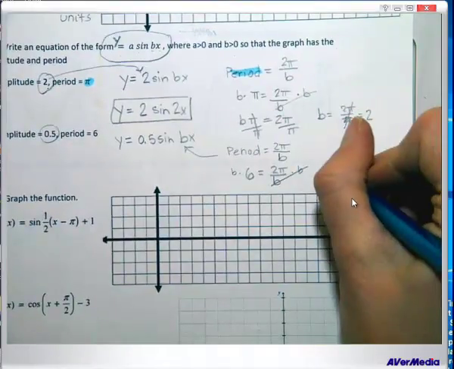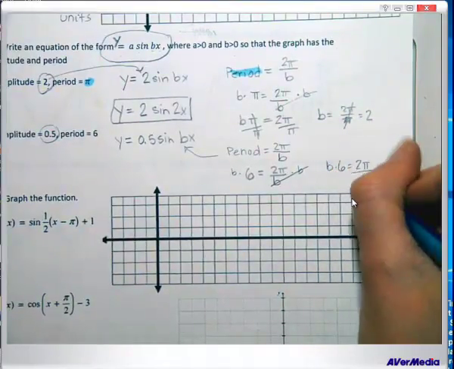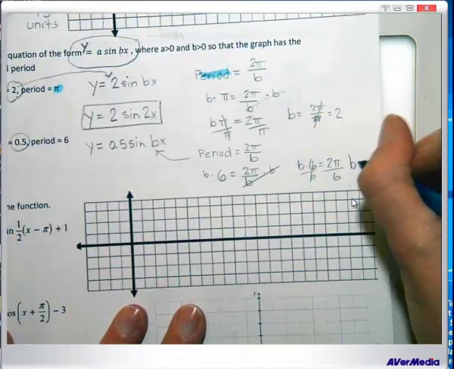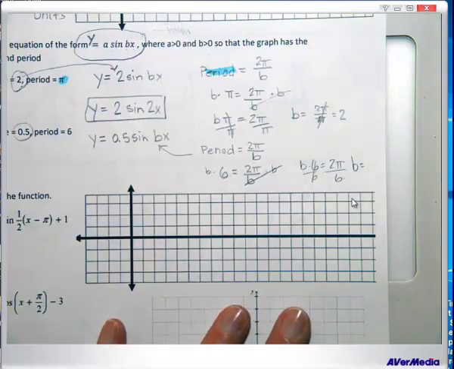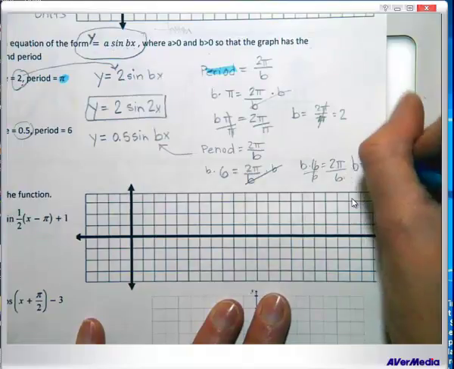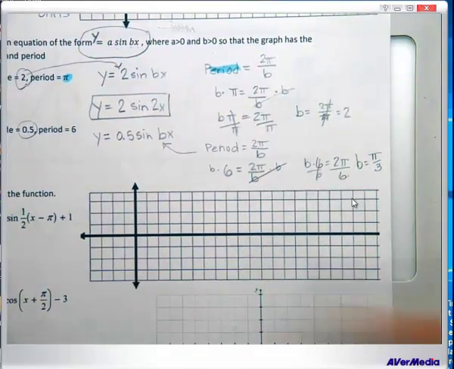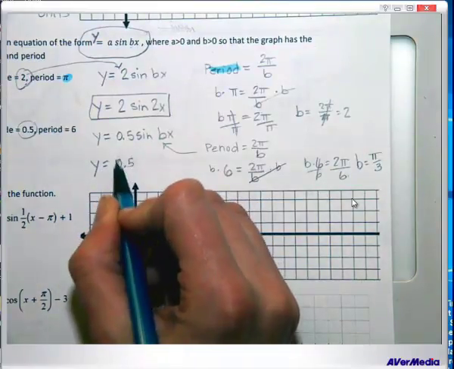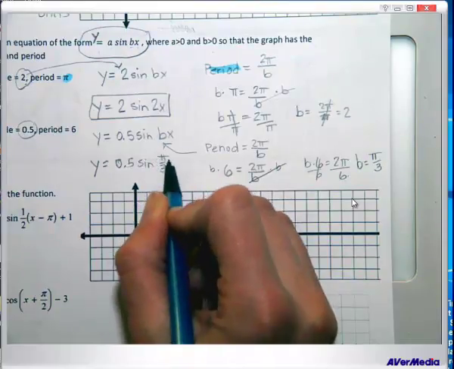So then b times 6 equals 2 pi. Divide by 6, so we get b equals 2 pi over 6. What does that reduce to? 1/3 pi. So I'm just going to write pi over 3, which is the same as 1/3 pi. So when I write my equation, y equals 0.5 times sine of pi over 3 x.